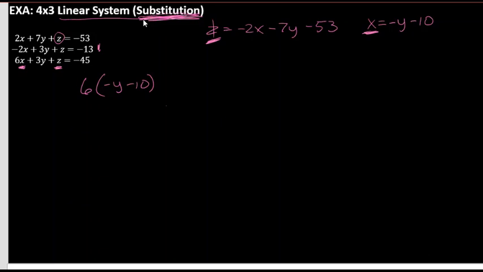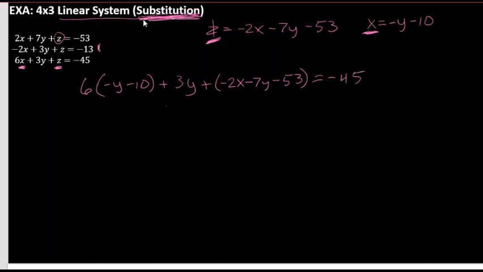So 6x plus 3y, and I haven't substituted for y yet. 3y plus z. Well, z is this guy right here. So I'm just going to throw that in there. So plus z, negative 2x minus 7y minus 53 is equal to negative 45.